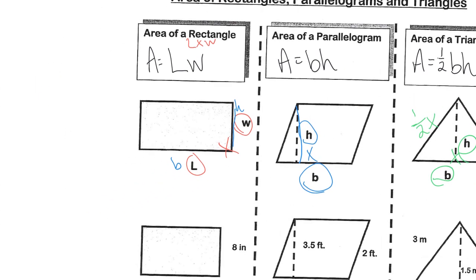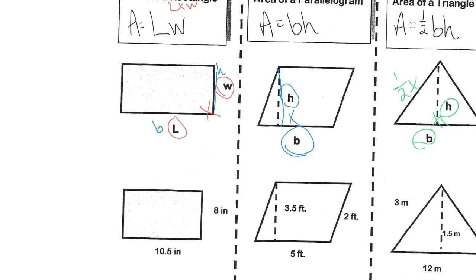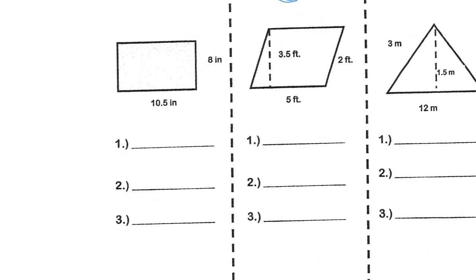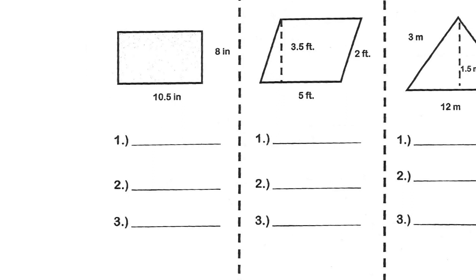Okay, so let's look at the area of a rectangle. So on the first line, we always write our formula. So bringing that down, area equals length times width, where we said our length was this bottom number. So this is my length. And my width was this one coming up top, equals my width.